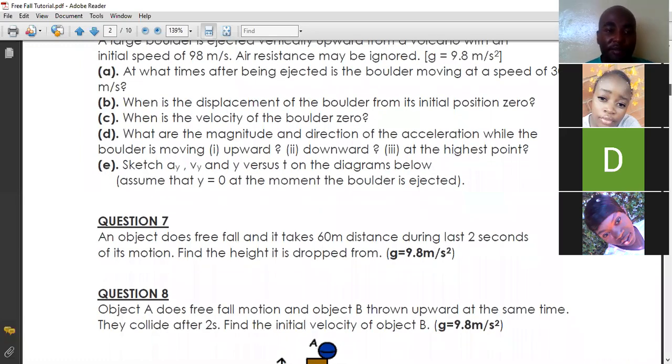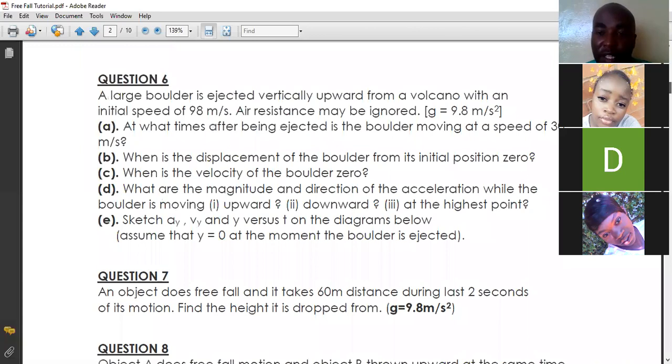Question 6. I will redo some of the things that I've noted there that I should have done well. In fact, I'll just re-edit the question so it makes sense. Question 6. A large boulder is ejected vertically upward from a volcano with an initial speed of 98 meters per second.